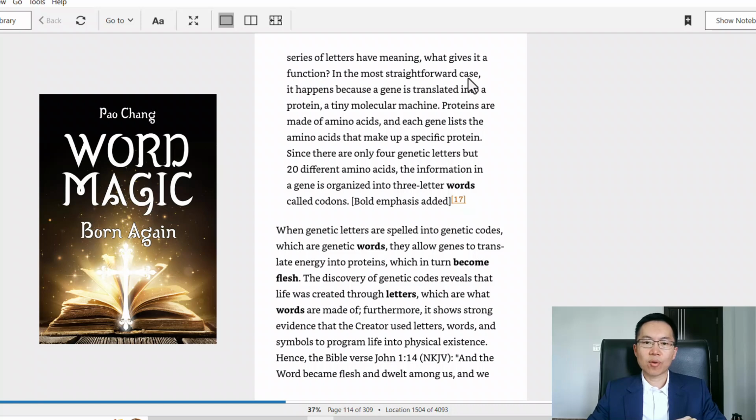In the most straightforward case, it happens because a gene is translated into a protein, a tiny molecular machine. Proteins are made of amino acids, and each gene lists the amino acids that make up a specific protein. Since there are only 4 genetic letters, but 20 different amino acids, the information in a gene is organized into 3-letter words called codons.